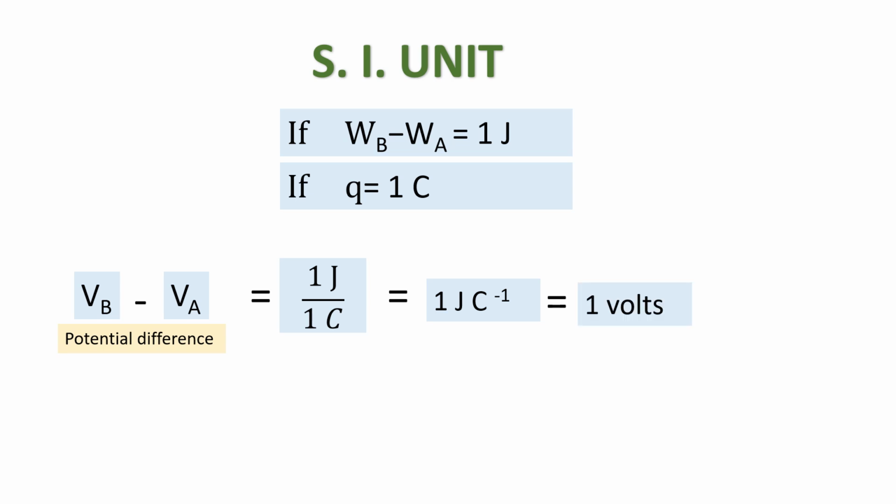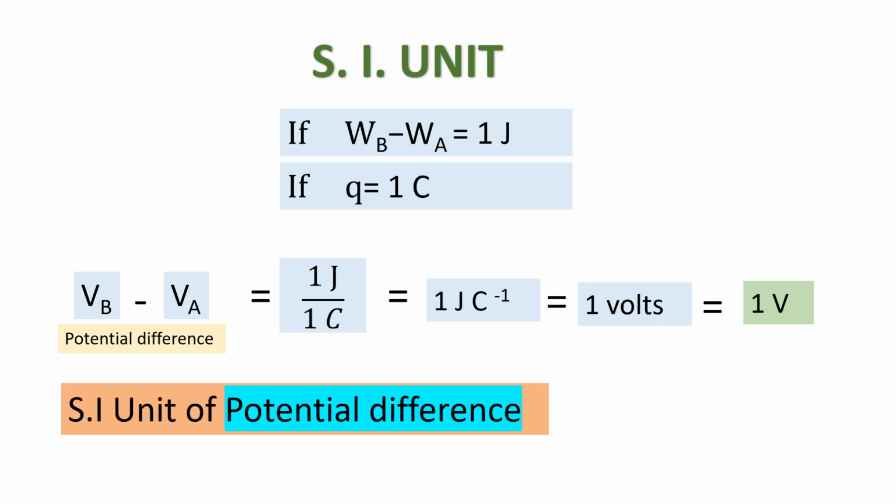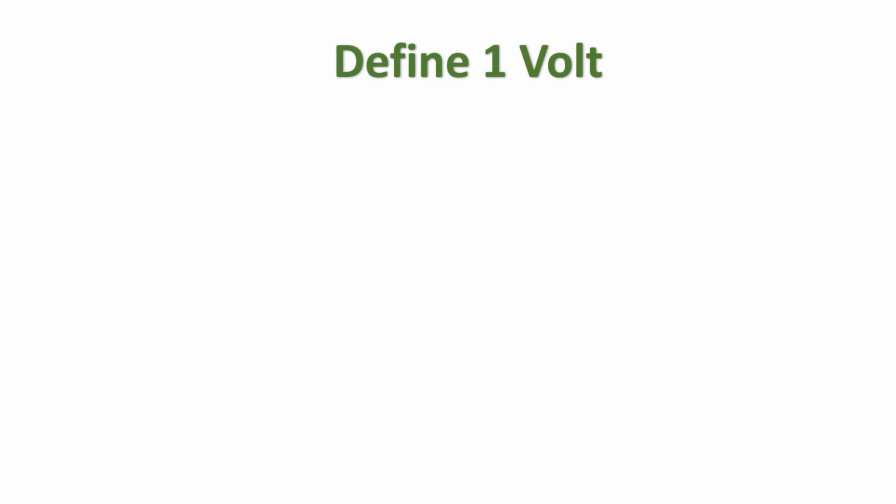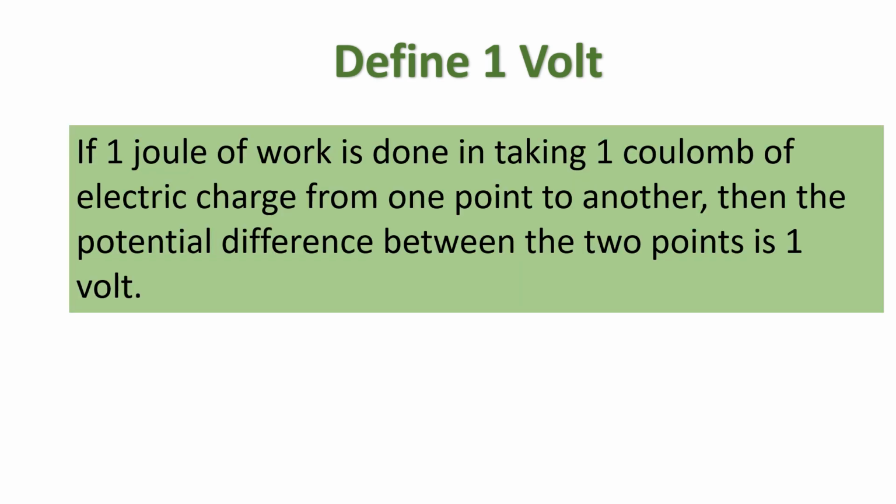You can write it as 1 volt, because in the last video we saw that joule per coulomb is also known as volts. Volts can be written in its symbol, that is V again. So what is the SI unit of potential difference? That is volts. If I tell you to define 1 volt, what would you write? If 1 joule of work is done in taking 1 coulomb of electric charge from one point to another, then the potential difference between those 2 points is 1 volt. Simple.